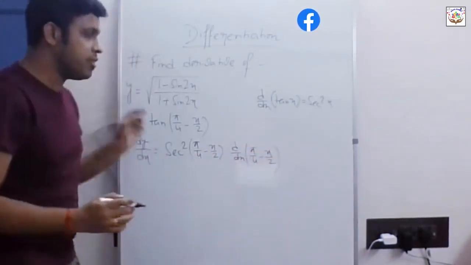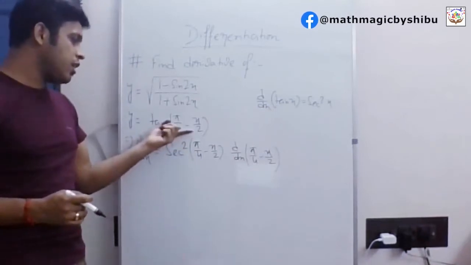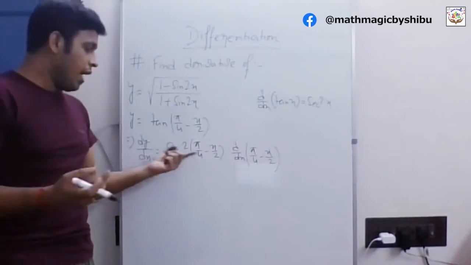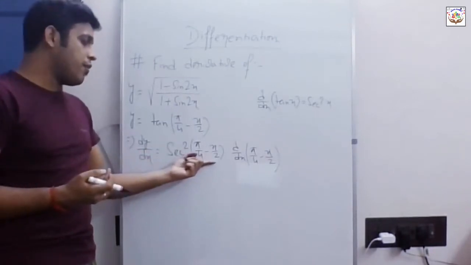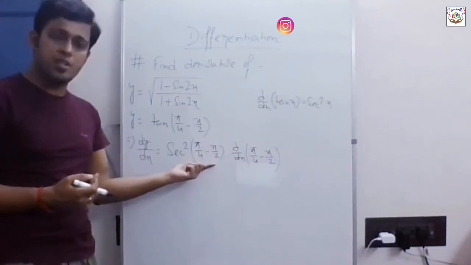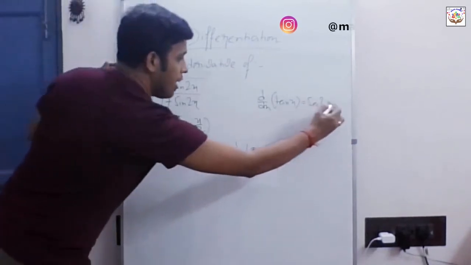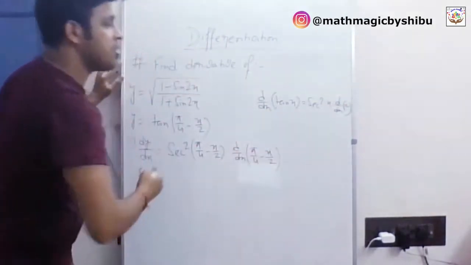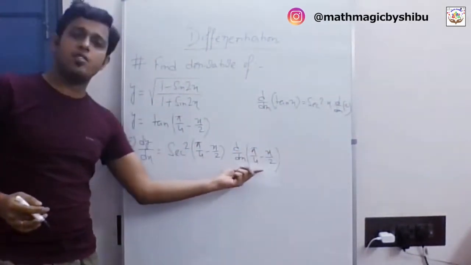Why? The same reason. If it is tan x only, then it would have sec square x, d/dx of x. As it is sec square (pi/4 minus x/2), again we need to differentiate this expression. Actually, you should write this formula as d/dx of x, so we will understand why I have written d/dx of this one.